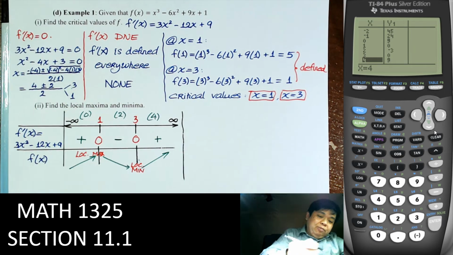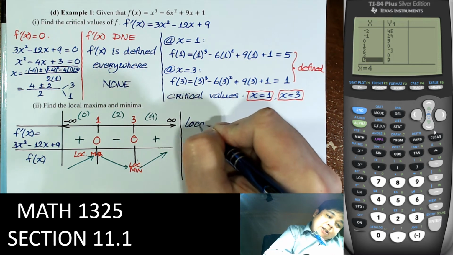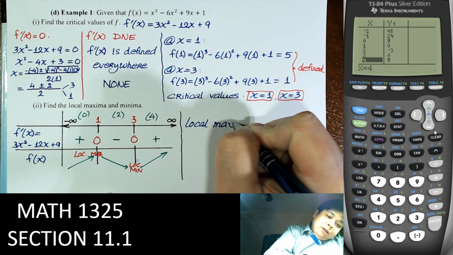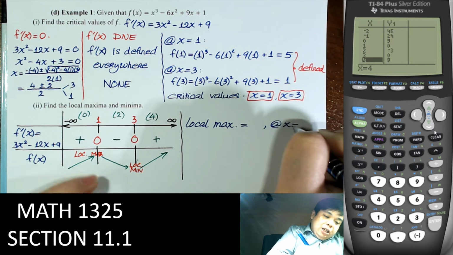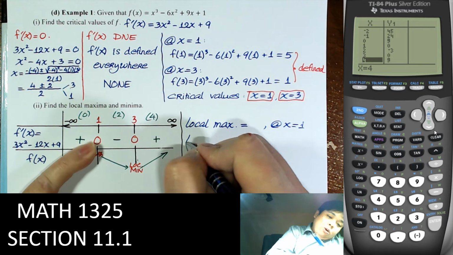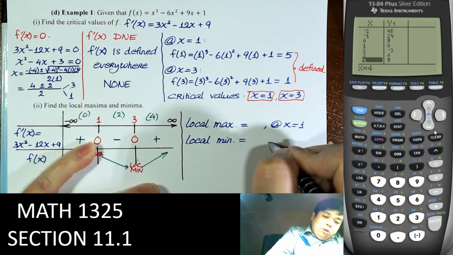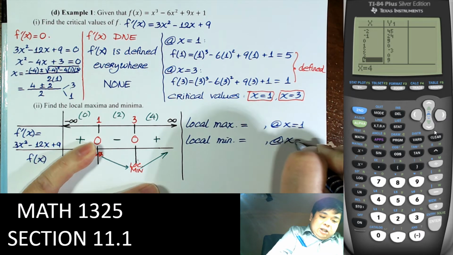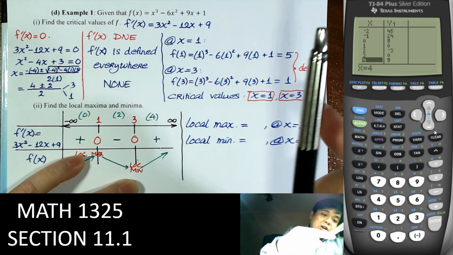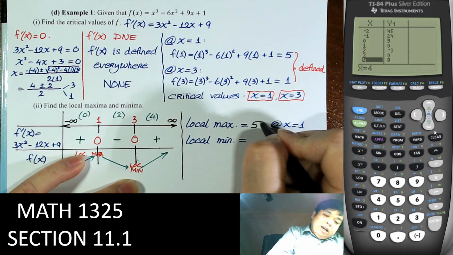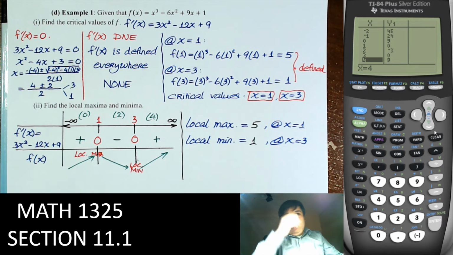So the conclusion here is the local max is at x equal to 1, and the local min is at x equal to 3. And we go back and check: when x equal to 1 the function is equal to 5, and when x equal to 3 the function is equal to 1. So that gives us the local max and local min.